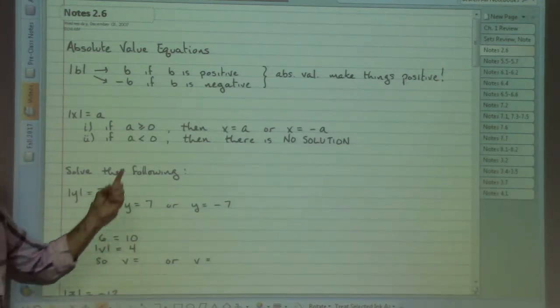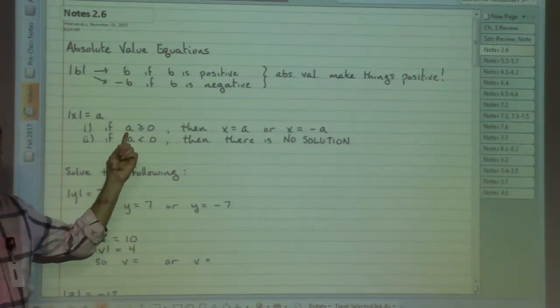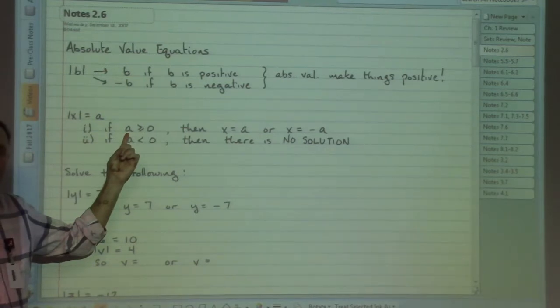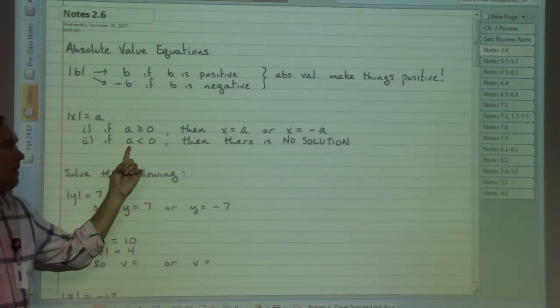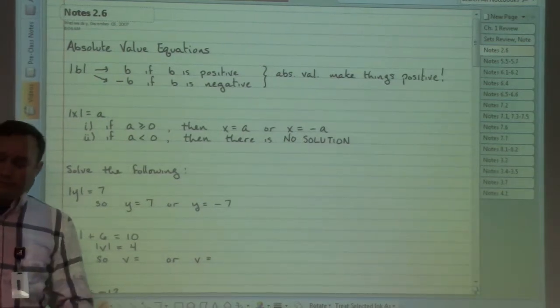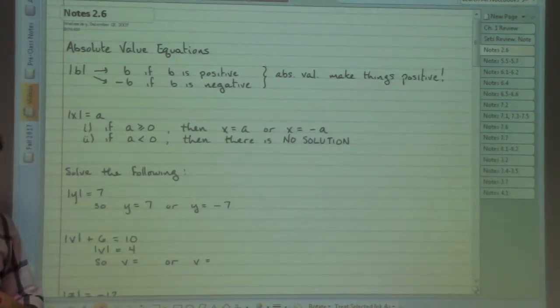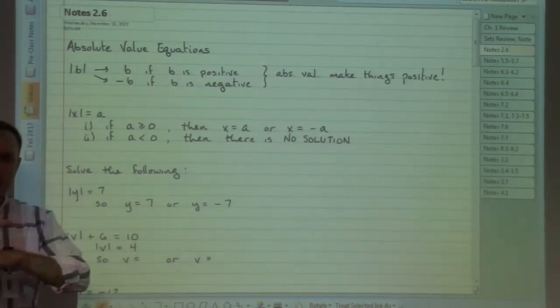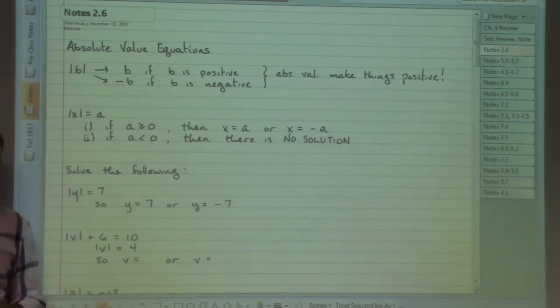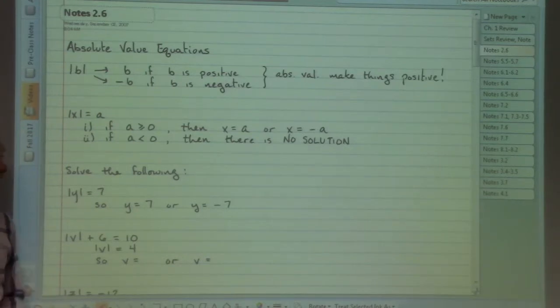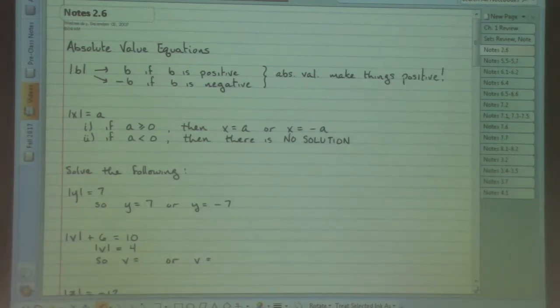That whatever is inside of my absolute value bars could have already been a positive number to begin with, or that what was inside of my absolute value bars could have been a negative number. So by considering both of those different possibilities, I cover all of my bases and come up with every possible answer, every possible solution that might work.